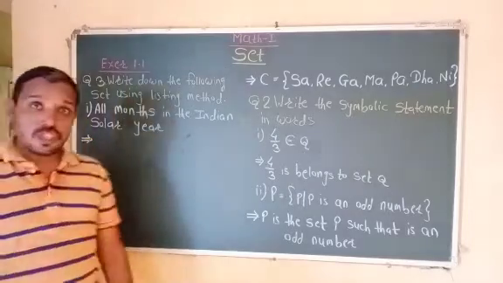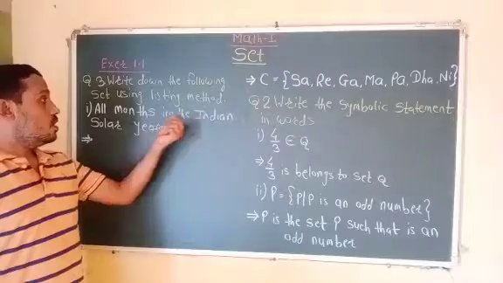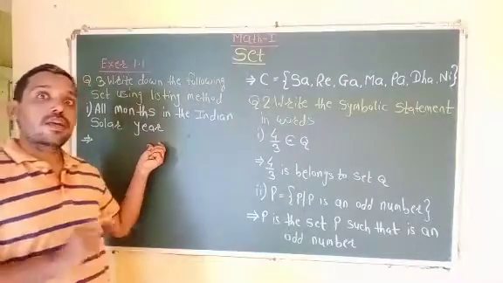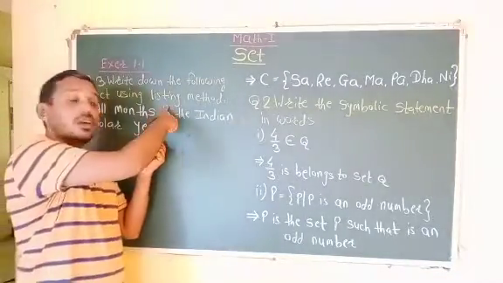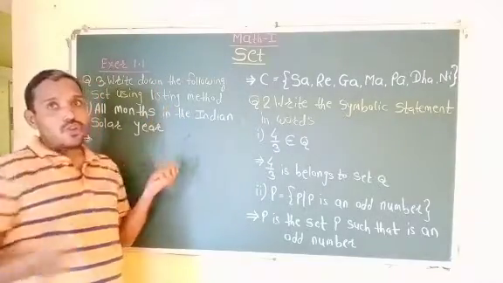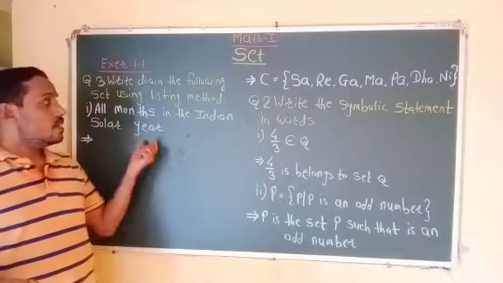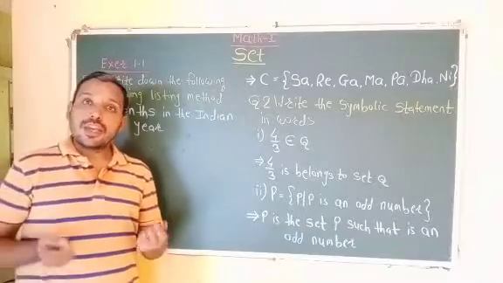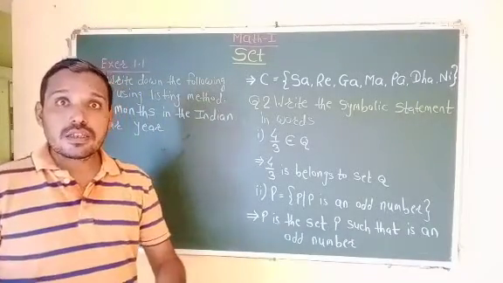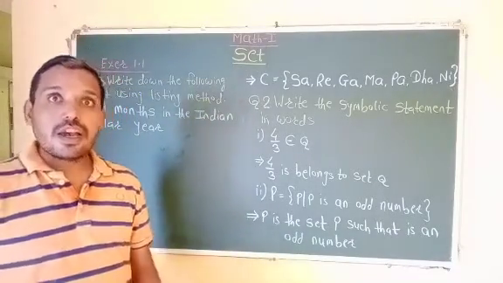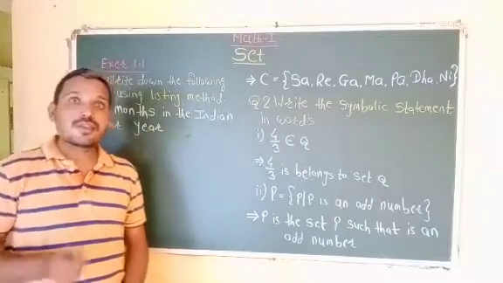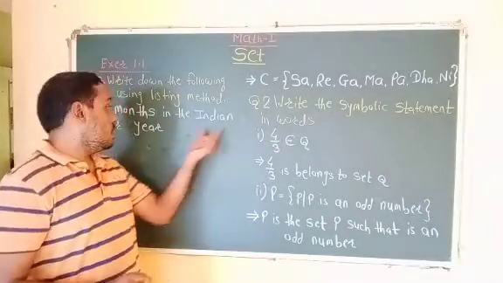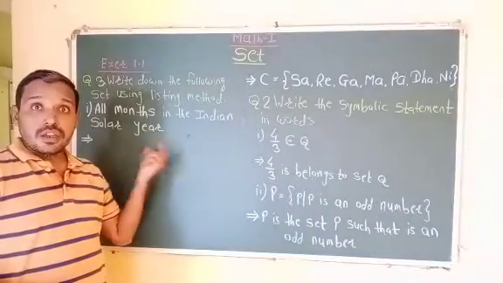So it is the collection of all months in the Indian solar year, and we can convert it into a set by using the listing method. We can easily get the list of the Indian solar year because we can use the calendar, each and every month, and according to the calendar there are 12 months in an Indian solar year.